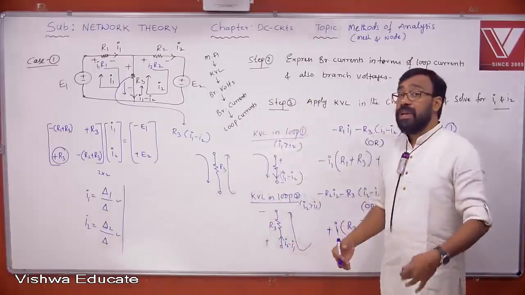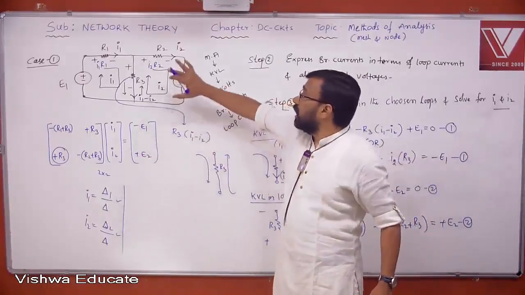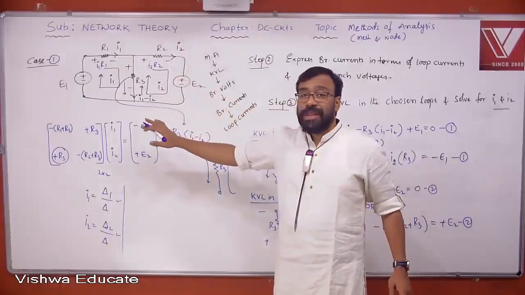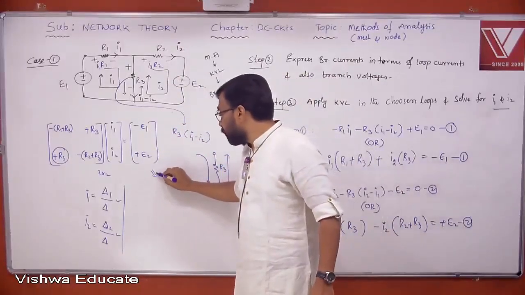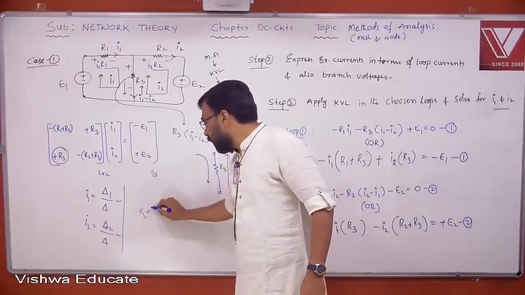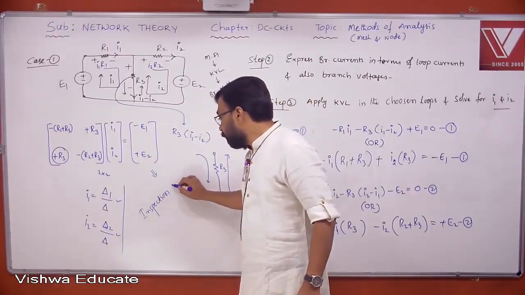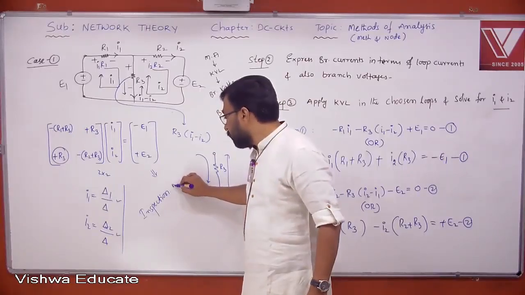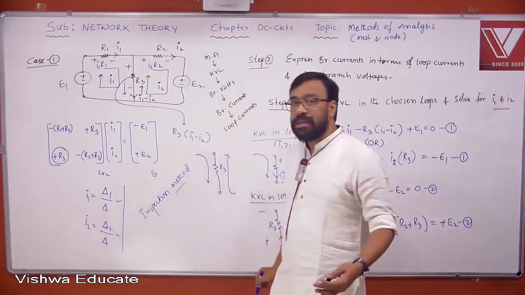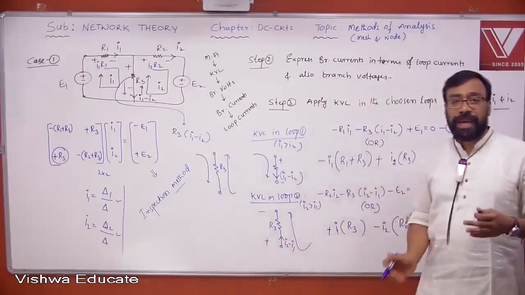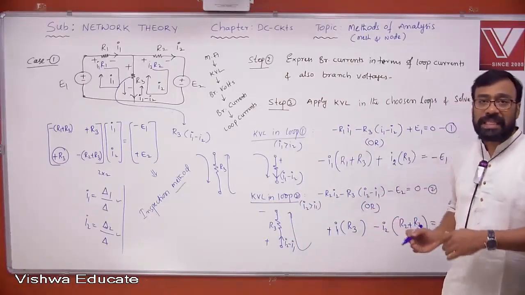From now on, we must be in a position to directly draw the matrix form by looking at the network using a method called inspection. This is called the inspection method. It will help you a lot even in control systems, to determine the transfer function of a mechanical, electrical or electromechanical system.